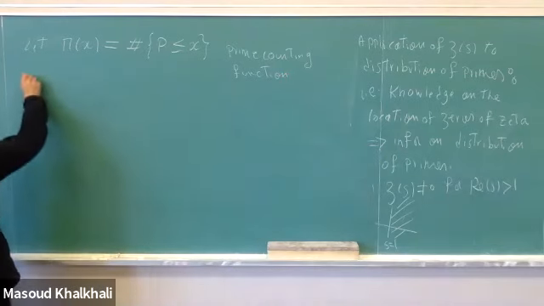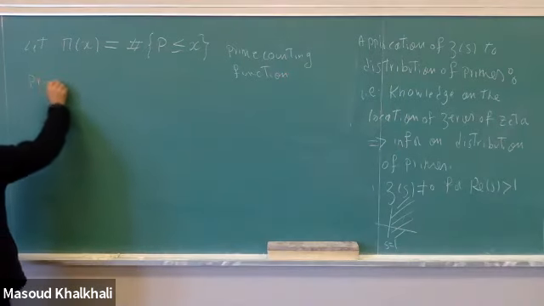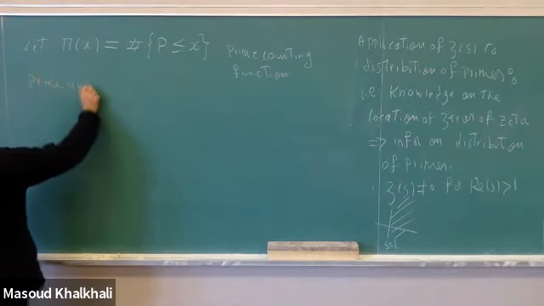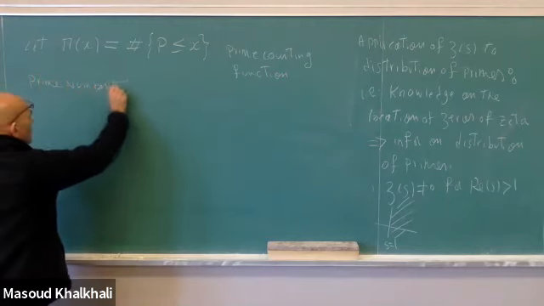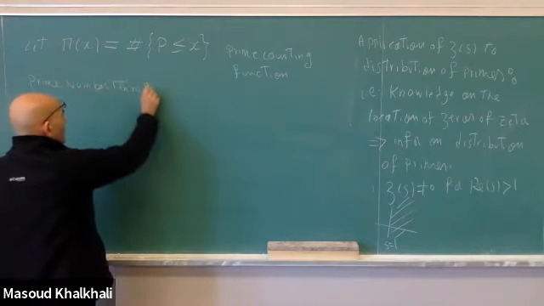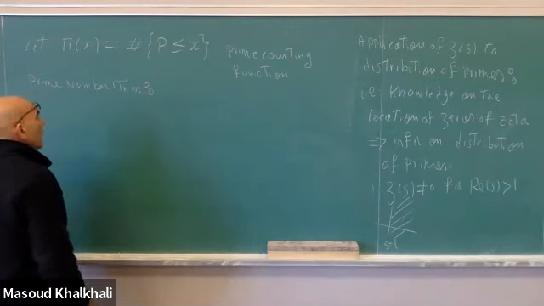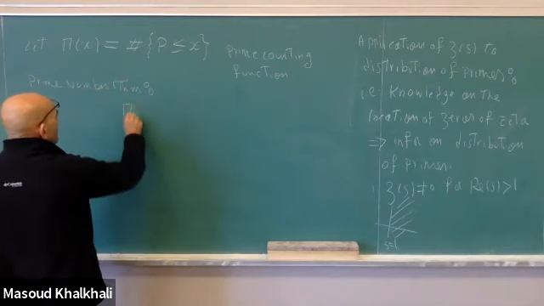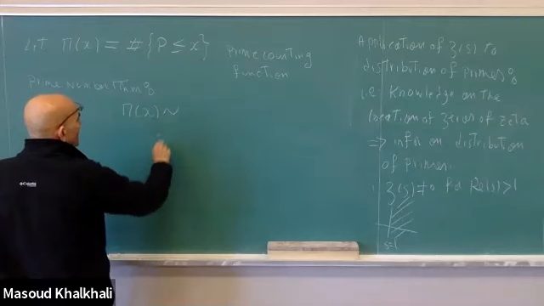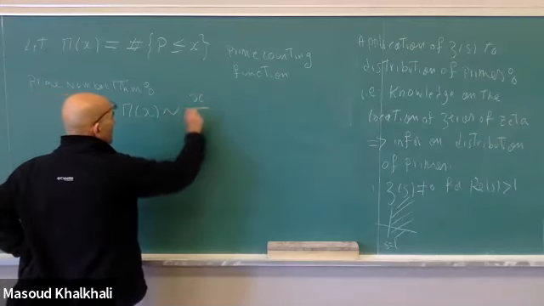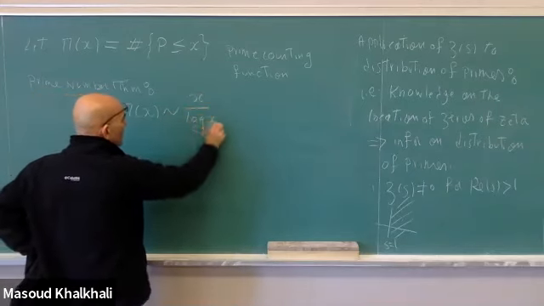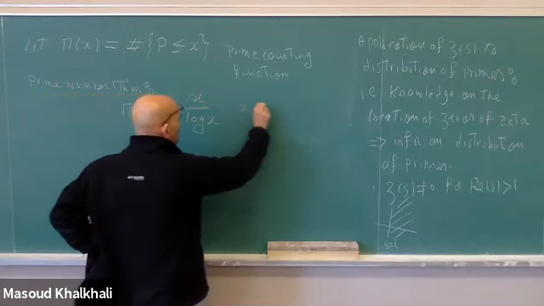Now, prime number theorem. There was a conjecture first that this pi of x is actually asymptotic to x over log x as x goes to infinity.